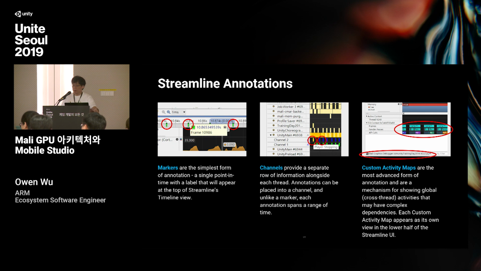And then the final one is custom activity maps, which are the most advanced form of annotation. You can think of it as a structural map with many channels, like the picture shows. You can group as many channels as you want into one map. The map will appear as its own view in the lower half of the Streamline UI, like the picture shows.